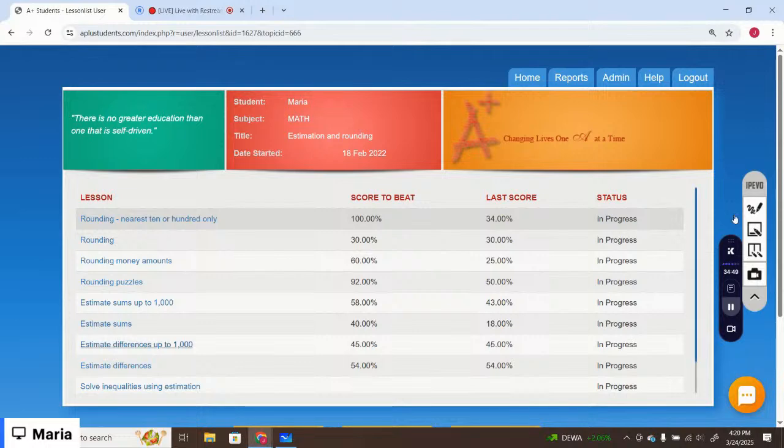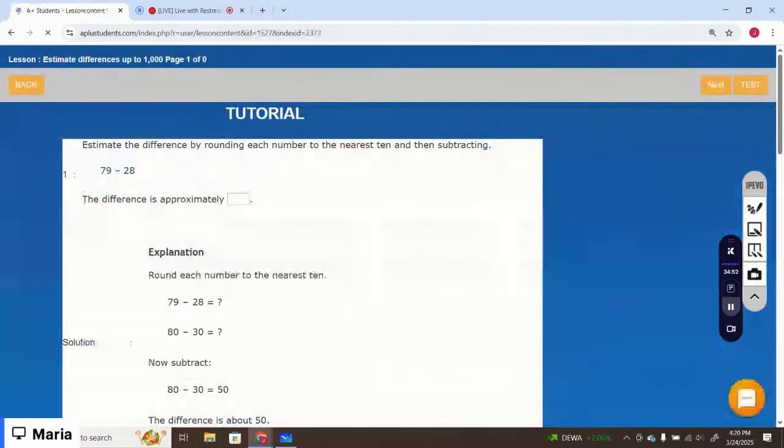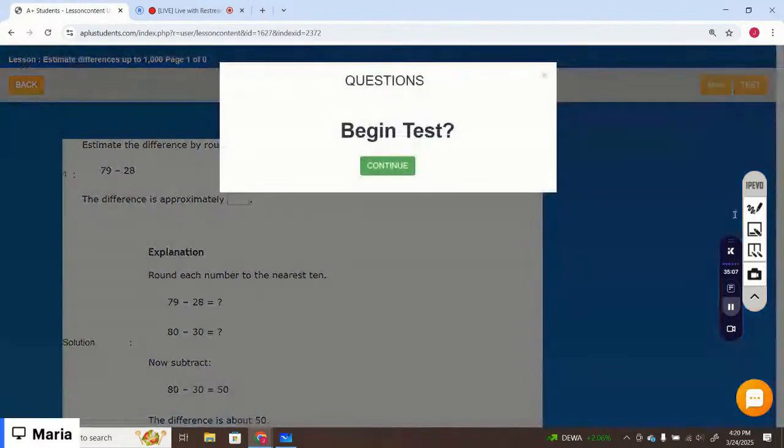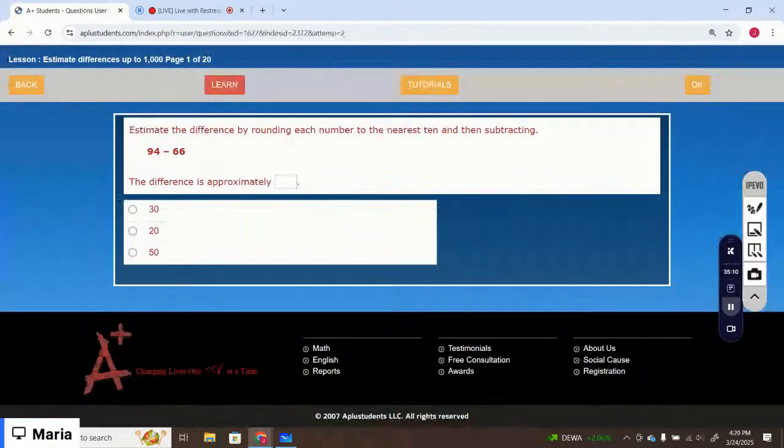The next lesson is estimate differences up to 1000. Let's just start with the test questions. Estimate the difference by rounding each number to the nearest 10 and then subtract. You have to estimate them first and then you have to subtract.